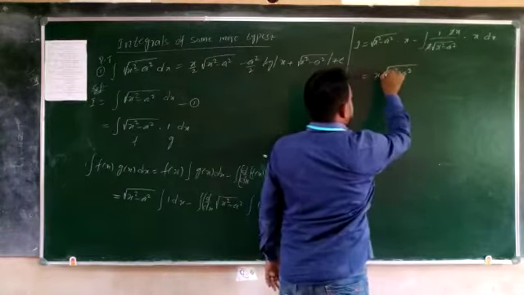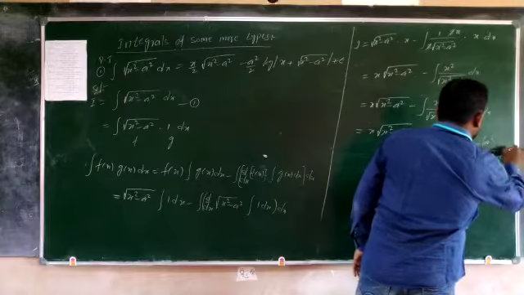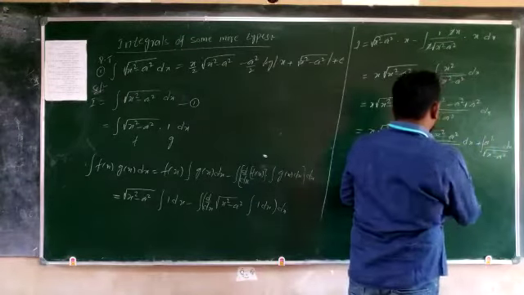This is equal to x into under root of x square minus a square minus integration of x square by square root of x square minus a square. Here in the numerator, adding and subtracting a square, into dx. This is equal to x into square root of x square minus a square, minus integration of x square minus a square by square root of x square minus a square into dx, minus a square integration of 1 by square root of x square minus a square into dx.